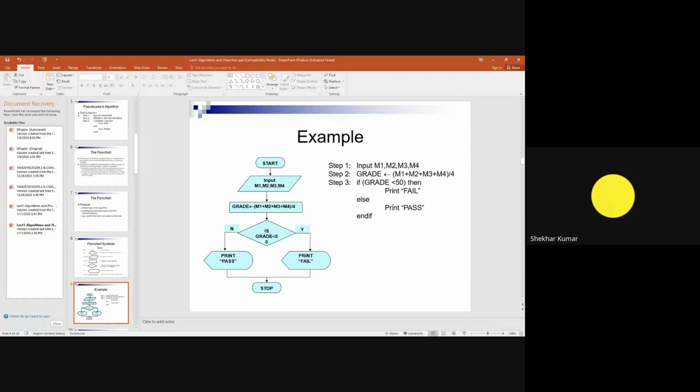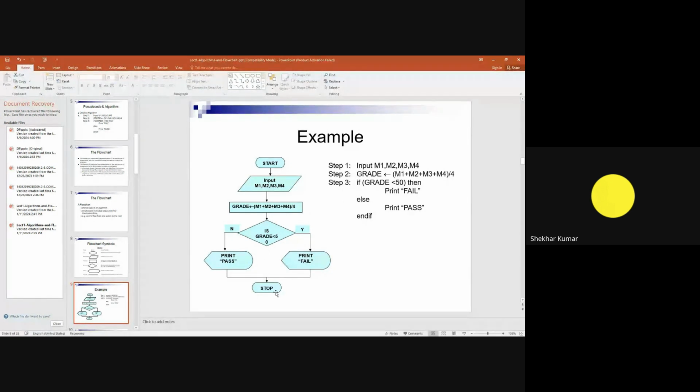So how will you draw the flowchart for this? At first, I have used the oval shape symbol. This is your terminal symbol. You can also see that the terminal symbol is at the end, for stop.